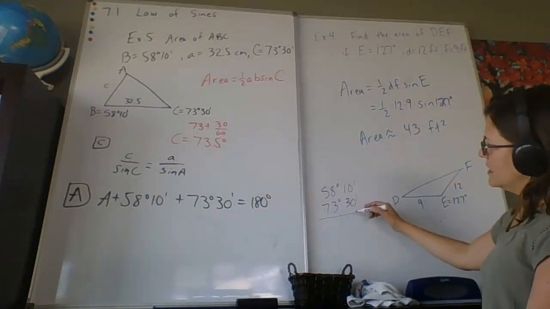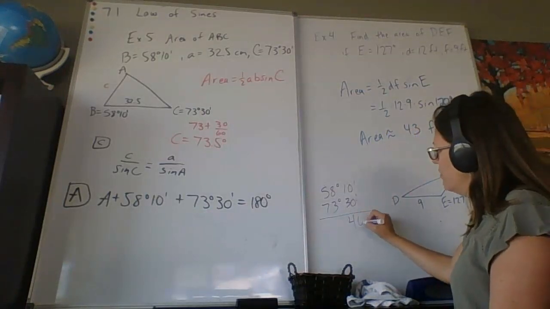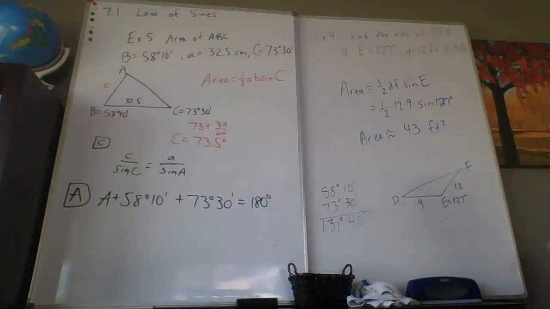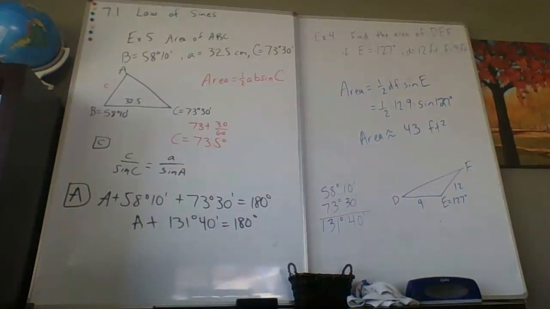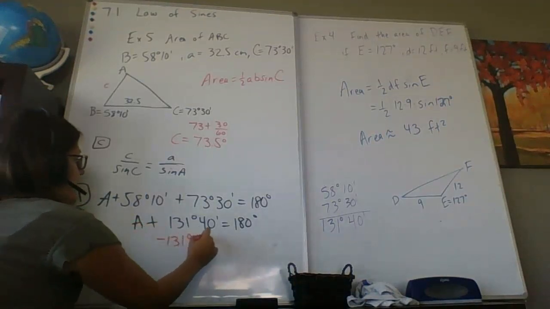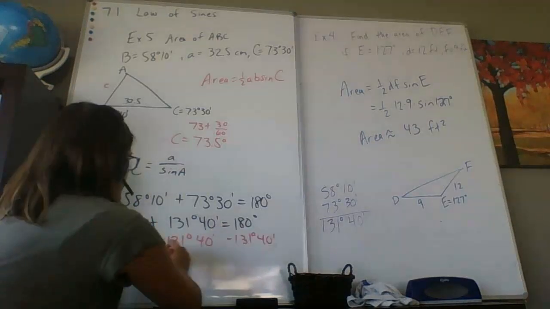So the minutes add and we get 40 minutes, and now the degrees add. So we get 131 degrees and 40 minutes. So now we have A plus 131 degrees, 40 minutes equals 180 degrees. Now we will subtract the 131 degrees and 40 minutes from both sides.